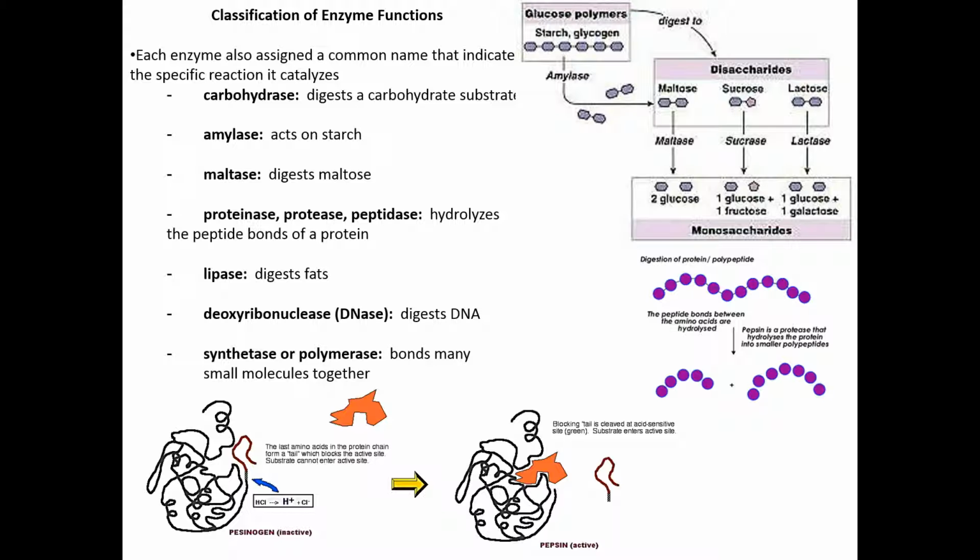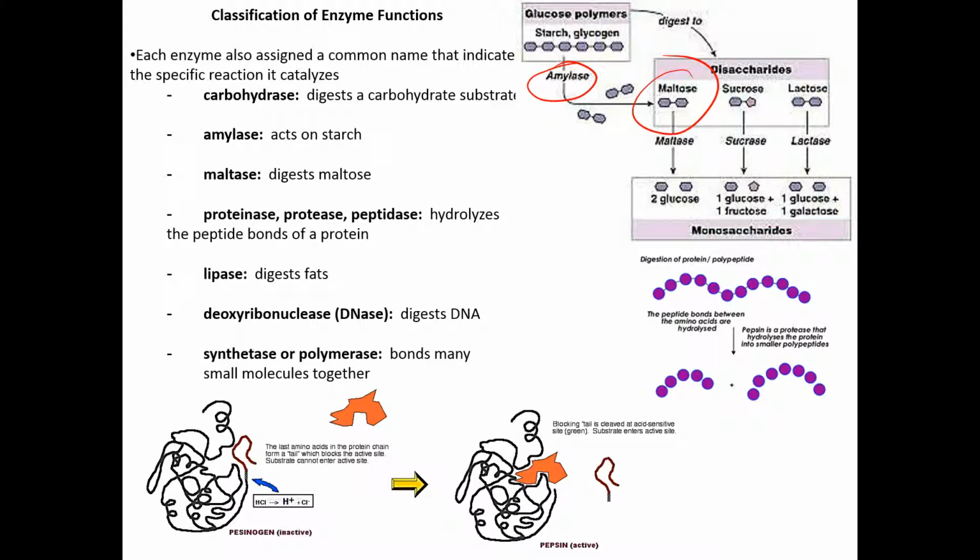Since you have the name hydrase, it's involved in the breakdown of these particular biological molecules. You have amylase that targets starch. Here you have starch that's broken down by amylase into disaccharide units of maltose, for instance.